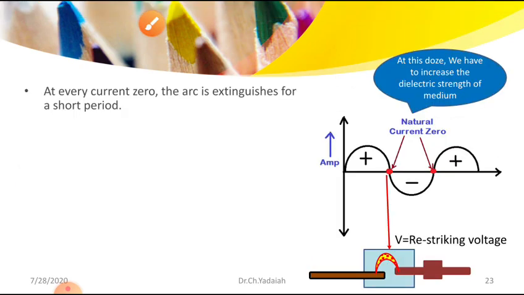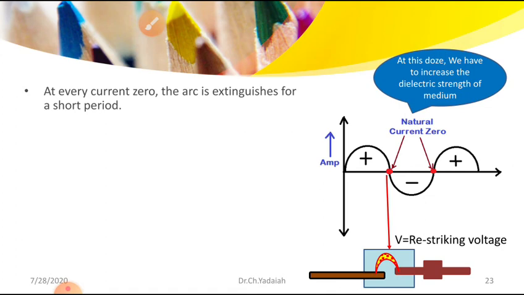Now coming to our zero current method. At every current zero, the arc is extinguished for a short period. So we already know that at zero it takes a nap. During that dose we have to increase the dielectric strength of the medium. It is just like the tortoise and rabbit story.